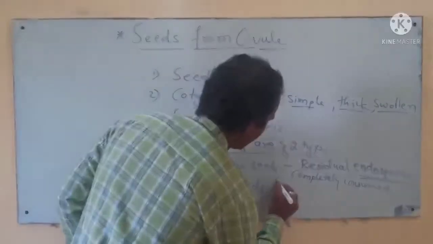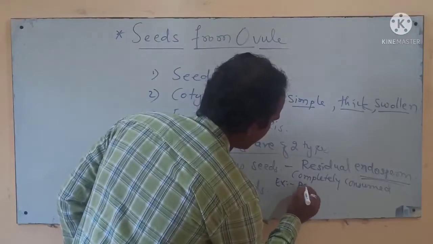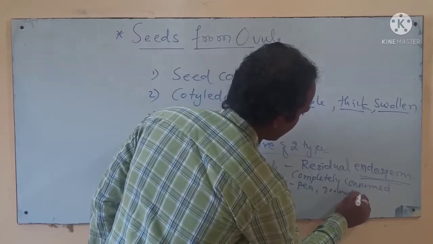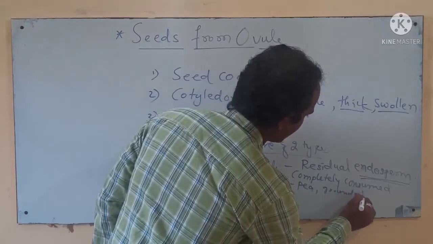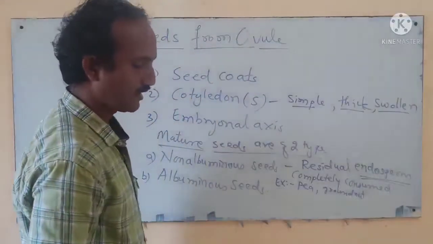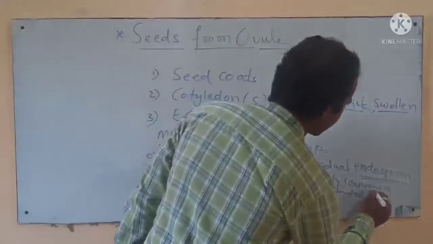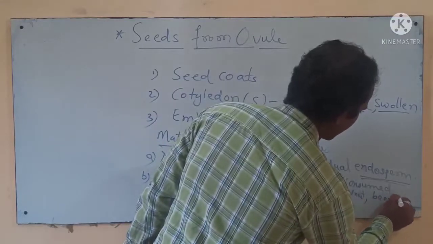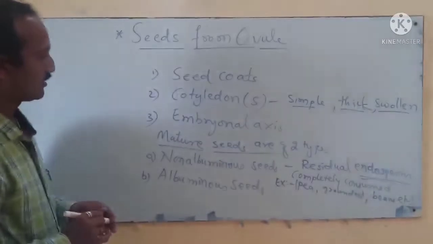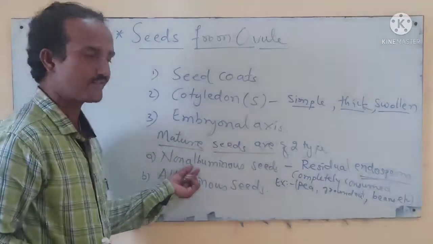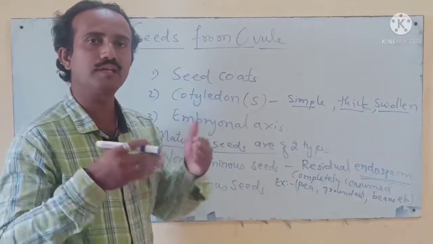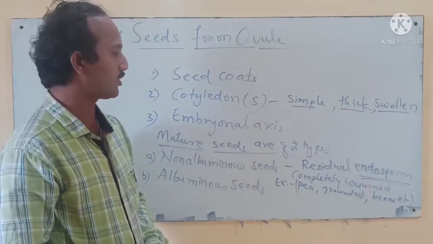Examples: pea, groundnut, and beans, etc. So non-albuminous seeds are those where the residual endosperm is completely consumed during embryo development.